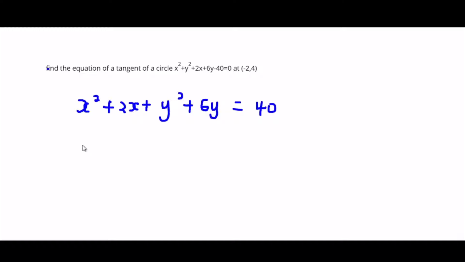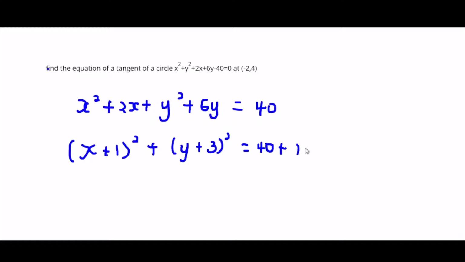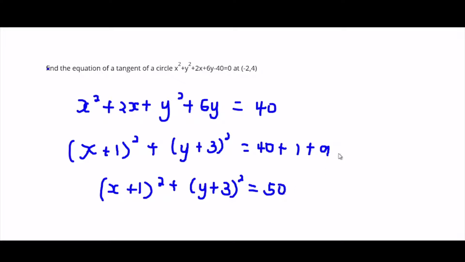So when we complete the squares, we're going to be left with (x + 1) squared plus (y + 3) squared equals 40 plus 1 squared, which is 1, plus 3 squared, which is 9. So it's going to be (x + 1) squared plus (y + 3) squared equals 50.